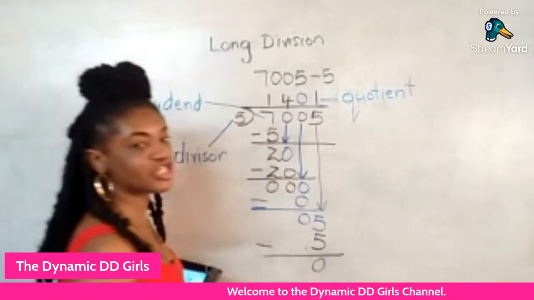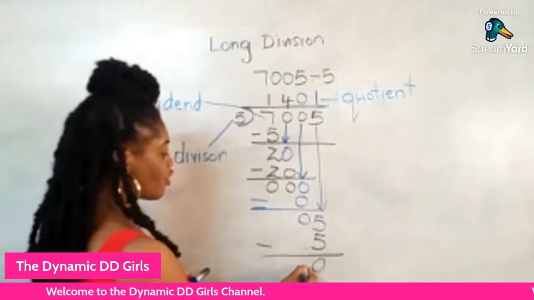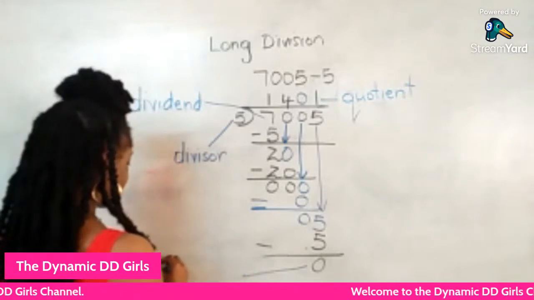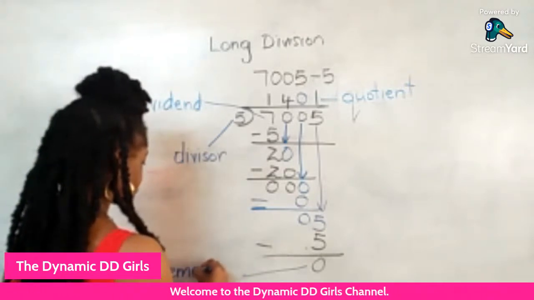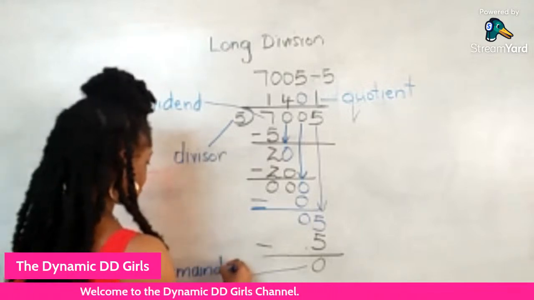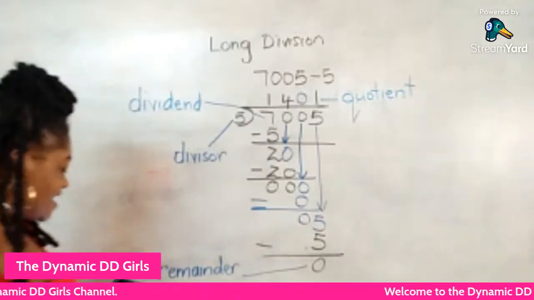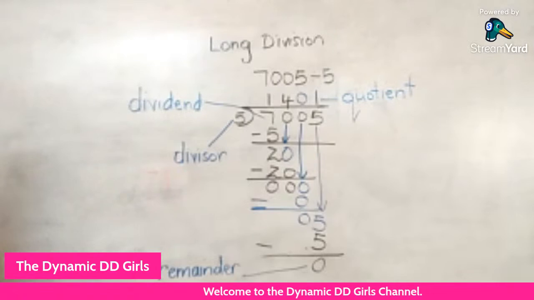And of course, your quotient is the same thing as your answer. And of course, we have 0 remainder down here, because we have 0 remainder. And that is the end of our problem.